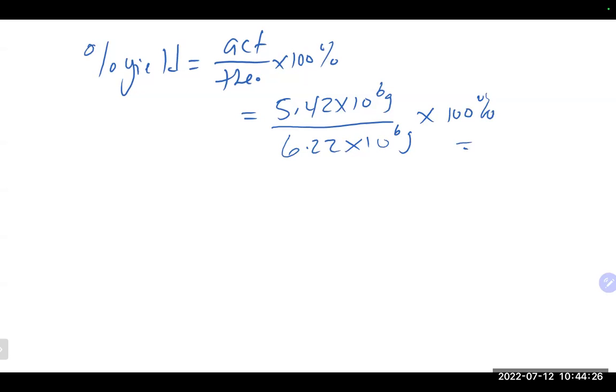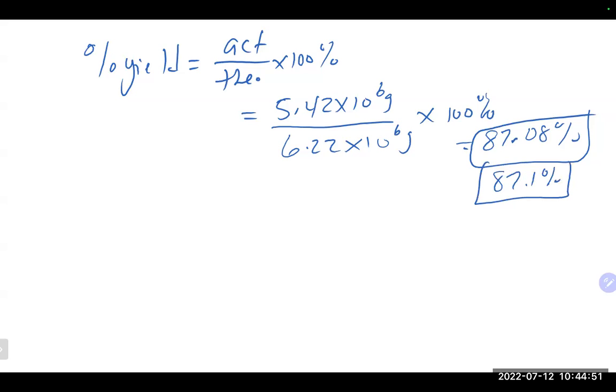And we end up with 87.08%, something like that, or 87.1%. Not too bad of a yield, not the greatest, but it's at least high 80s, so that's pretty good.